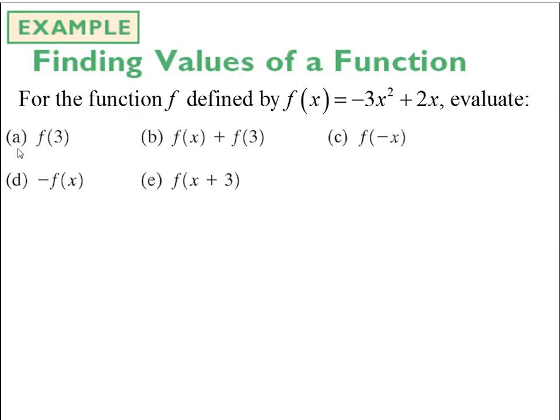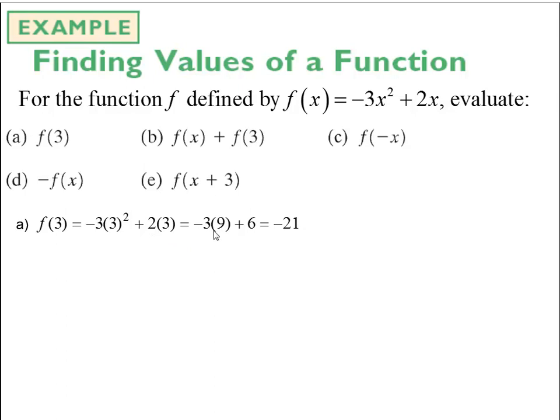So let's look at the function notation for a moment. Letter A says I want to find f of 3, or f at 3. With this notation, we're going to replace x with 3, plug it into the function machine, and it's going to spit out one y value for me. So I'm going to plug 3 into both x's, and then simplify. I get negative 3 times 3 squared plus 2 times 3. 3 squared is 9, and 2 times 3 is 6.